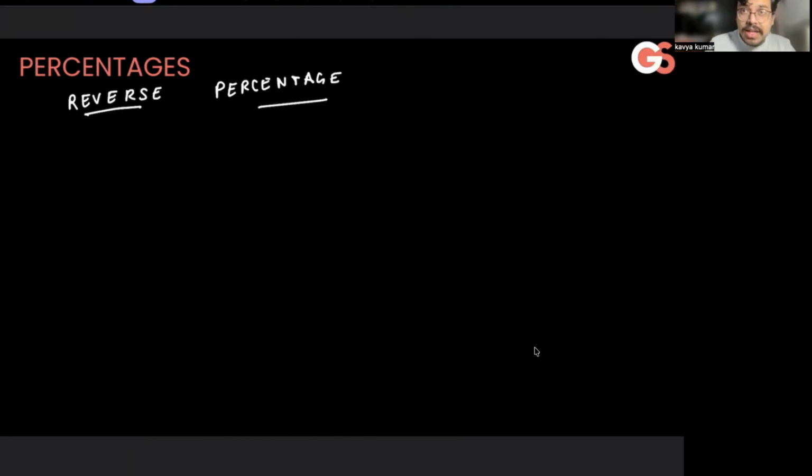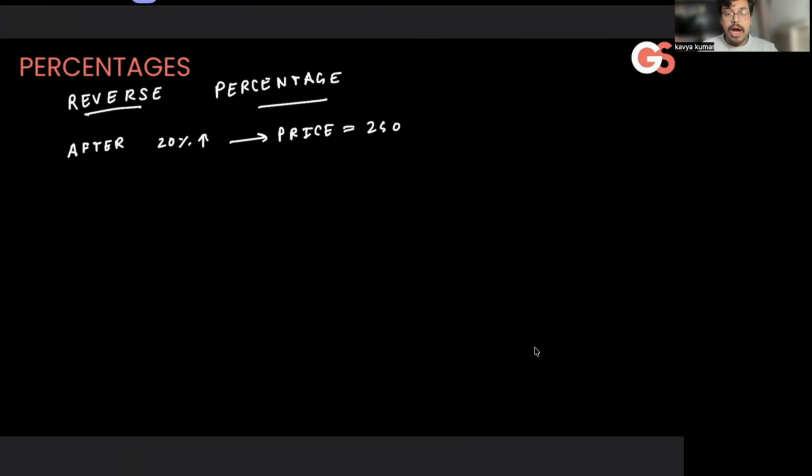Let's take one example that after 20% increase, price becomes 240. So I just have to find out the original price.